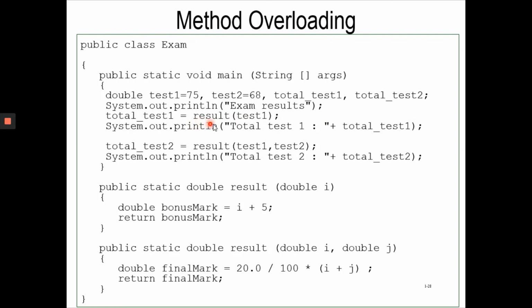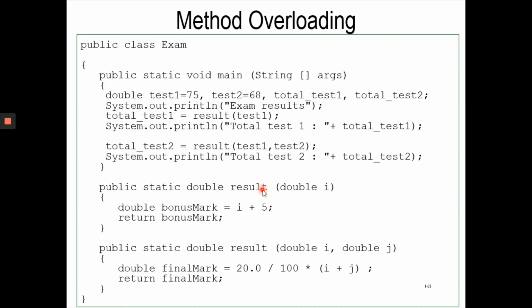If you notice here, this is the method call. We are calling a value-returning method named result, and we are sending the value test1 to the method. On your left is the variable that will accept whatever value is returned by the method. We are calling method result and sending one parameter.